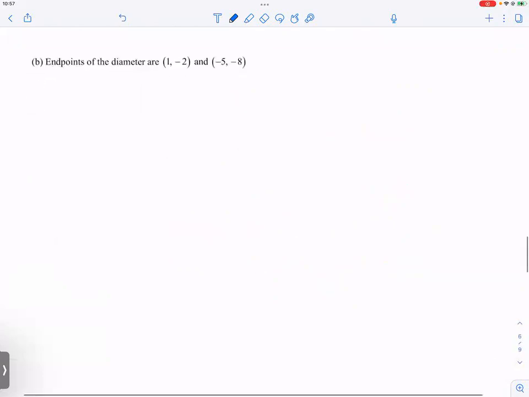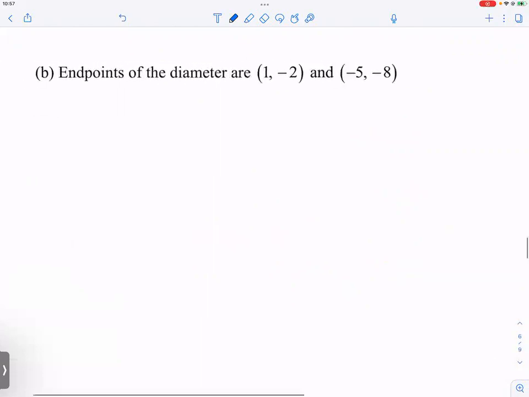Right, the next one is kind of similar. You're given the endpoints of a diameter, but you are not given the center, and you are not given the radius directly. Can we find out the center? How?